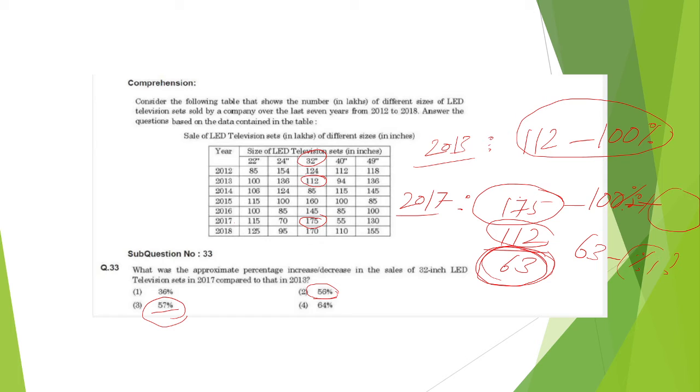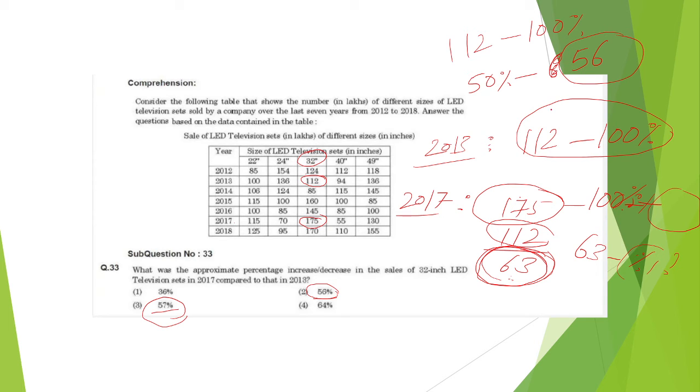For that 63, we have to find what percentage it is compared to 2013. 112 is 100 percentage means what is 50 percentage? 50 percentage means 56. It becomes 100 by 2, 50, plus 12 by 2, 6. 56 is the 50 percentage.